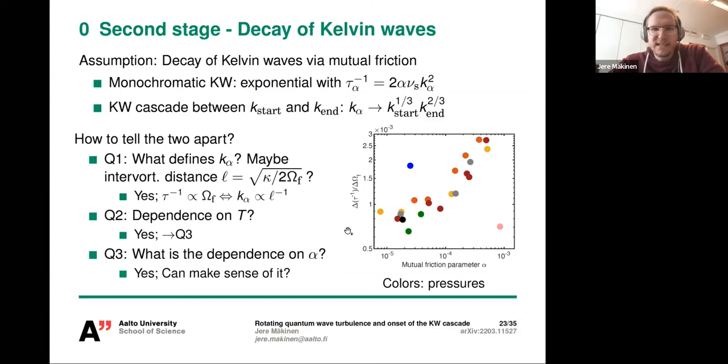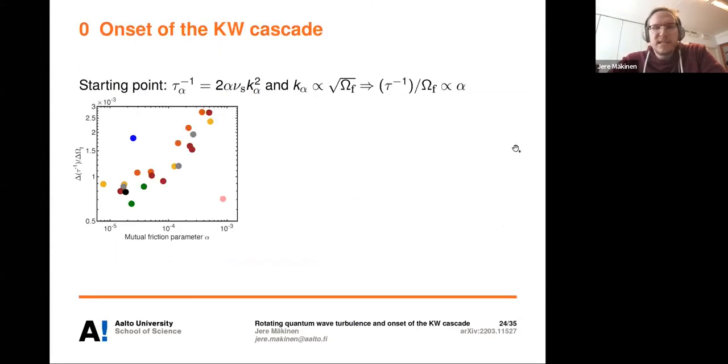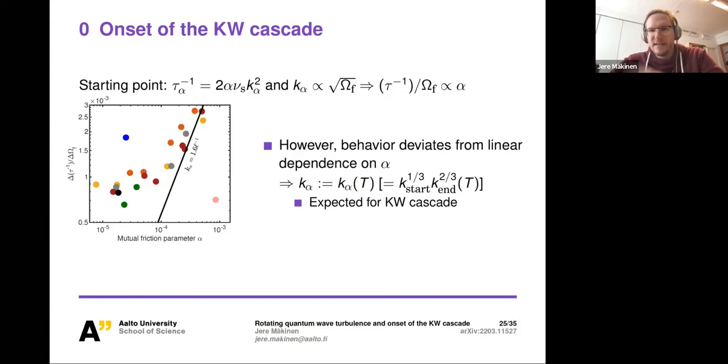Okay, so can we make sense of this measurement? Right, so the starting point is that we have this known decay for Kelvin waves, and that this k alpha, which defines this time scale, depends on essentially the square root of omega. It depends on the inverse intervortex distance. So that means that the rotation velocity normalized relaxation rate should depend linearly on alpha. Okay, so let's plot that line here.